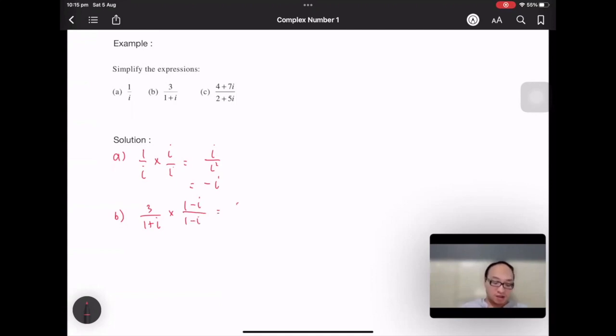On the top, we have 3 times 1 minus i, and the bottom is 1 plus i times 1 minus i. So the result is 3 times 1 minus i over 1 plus 1, which equals 3 over 2 times 1 minus i.